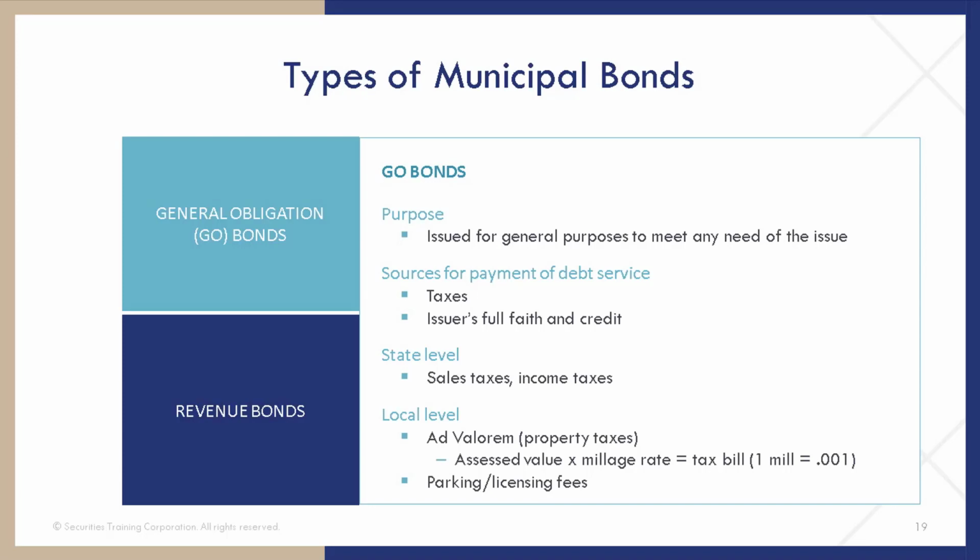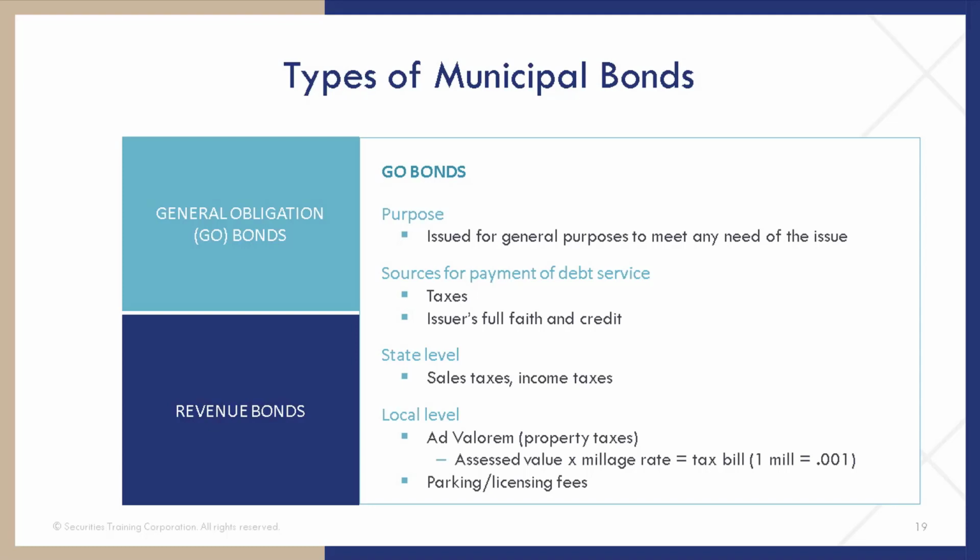And your property has an assessed value. They multiply that by the tax rate, which is sometimes referred to as a millage rate, and that will give you the tax. 1 mil equals 0.001.